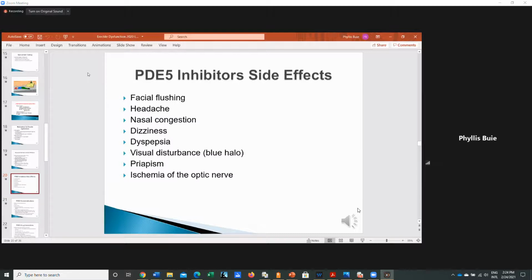So it can suffer permanent damage if there are no interventions and it remains erect for over 4 hours. And then with this group of medications, we can sometimes see ischemia to the optic nerve, but that's not that often either. The main things you're going to see are the facial flushing, the headache, and the nasal congestion. Those are the main things that they're going to report to you about.